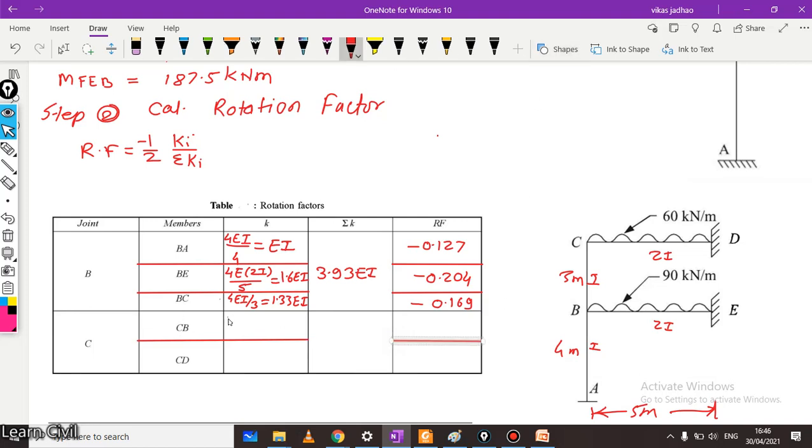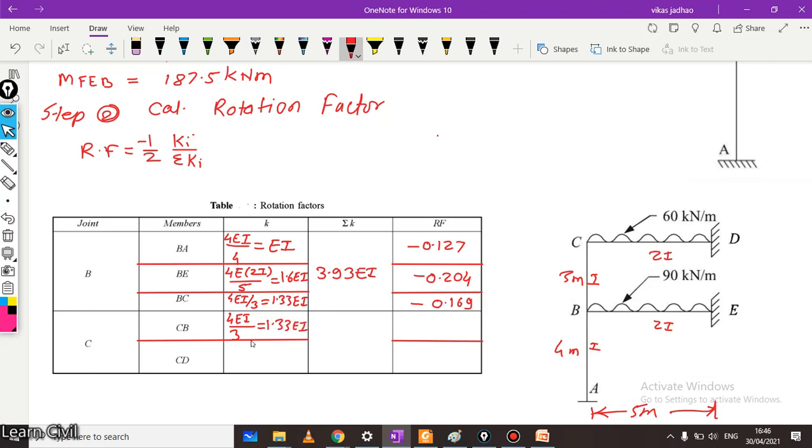Similarly, we have to calculate the rotation factor for CB and CD, which are at joint C. So stiffness for CB will be equal to 4EI by L. For span CB, which is 3 meters, this will be equal to 1.33 EI.